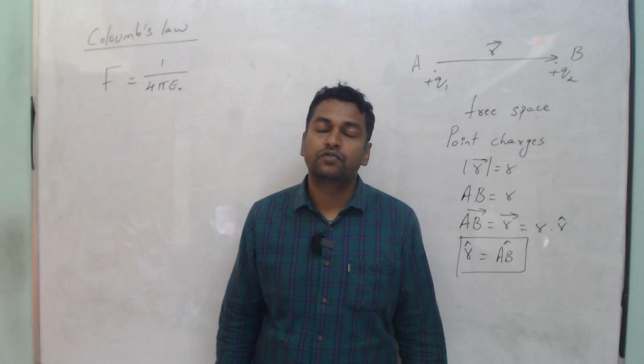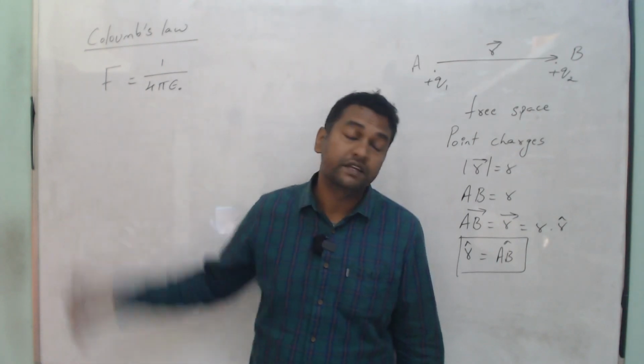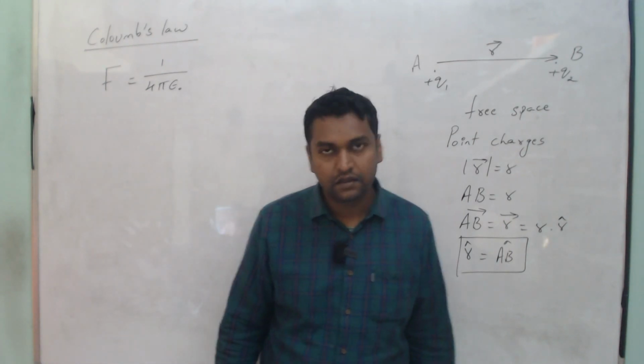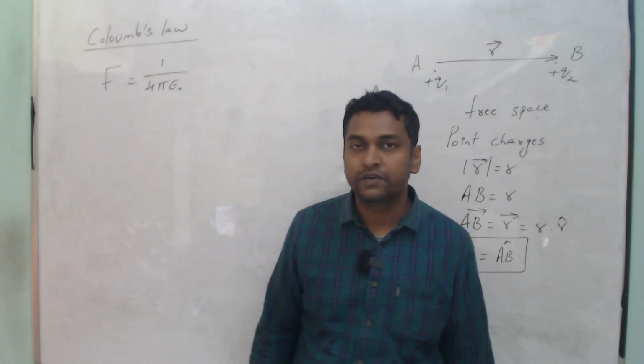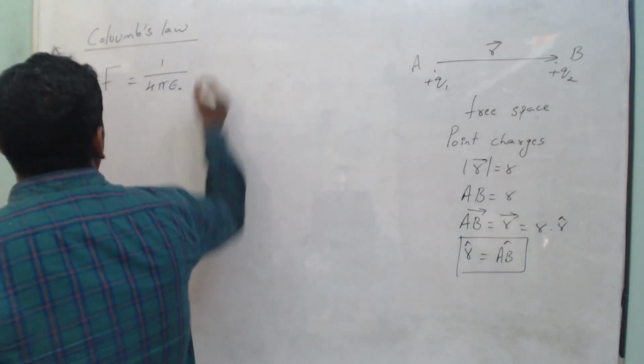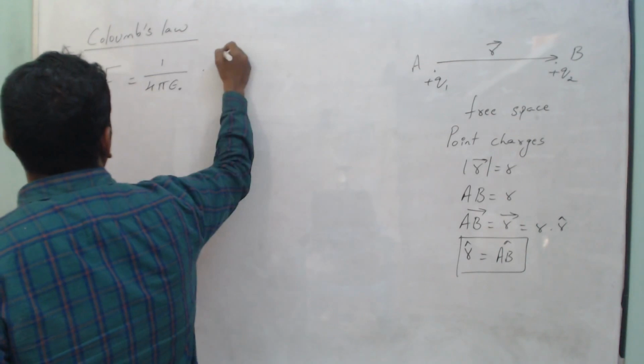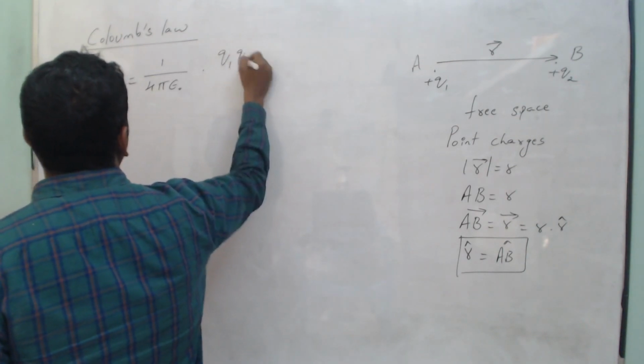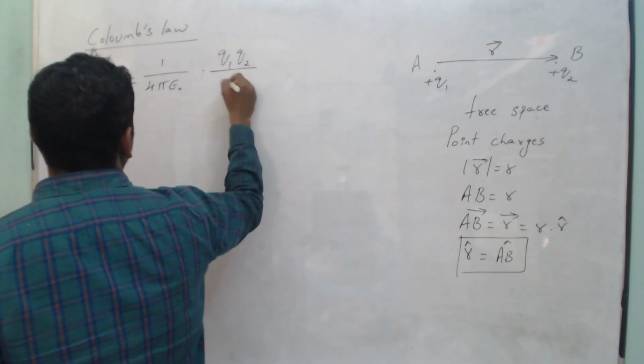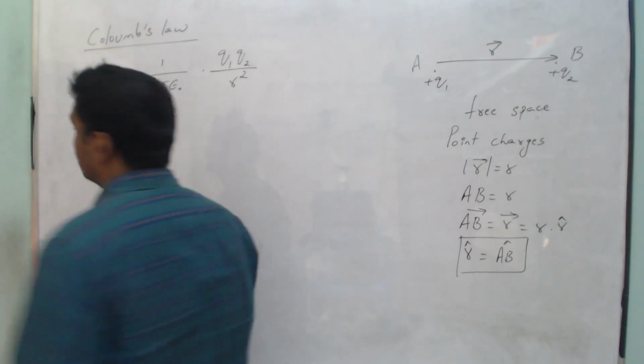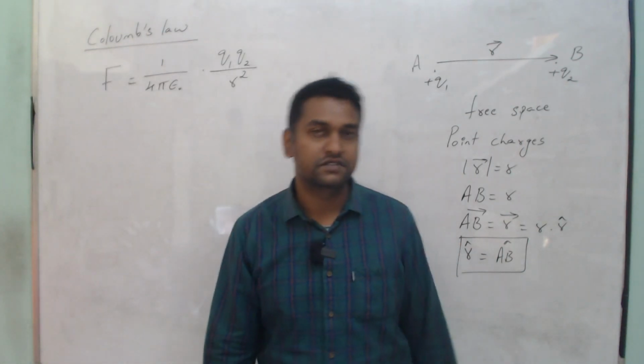So the force of attraction, or force of interaction, we'll say, is basically 1 by 4 pi epsilon naught into the product of the charges divided by the square of the distance between them.